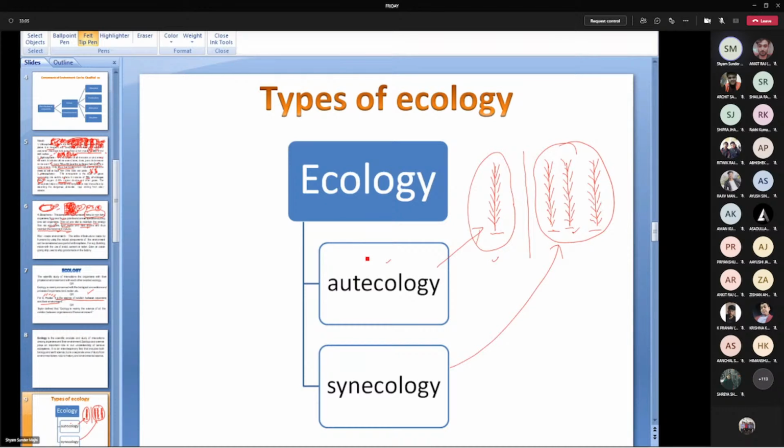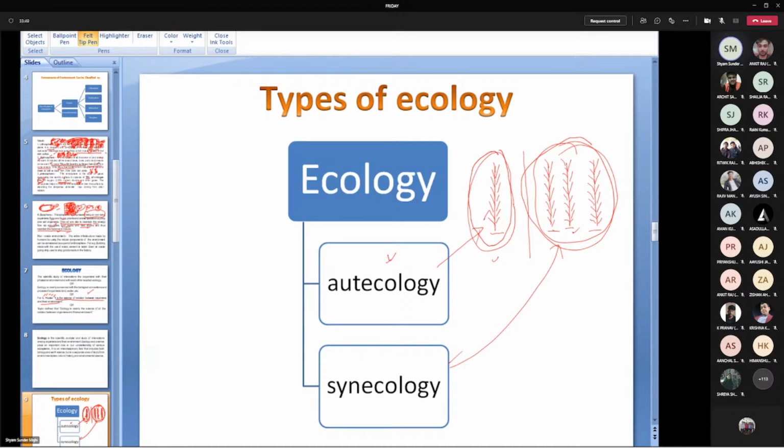Autoecology includes single organisms, not single plants; you will write single organism. This is a very important theoretical question: the study of a single organism is called autoecology. And for synecology, the study of a group of organisms is called synecology. So this is the difference, and this is the definition of ecology.